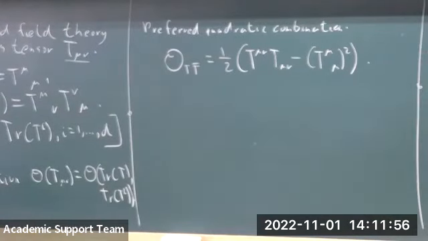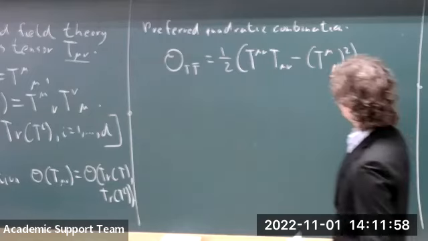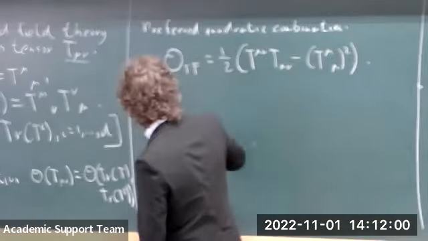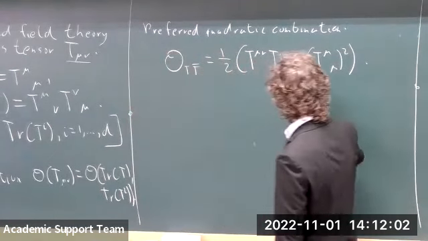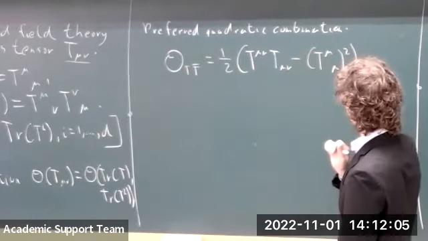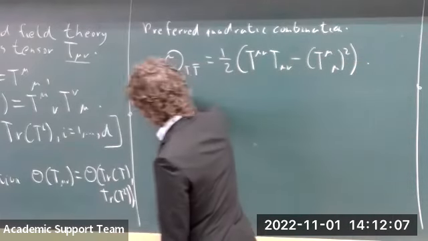So what makes this nice? Well, kind of alluding to the question that we had about protected operators, there's something which is special quantum mechanically even about this combination of operators. So this is nice for several reasons.